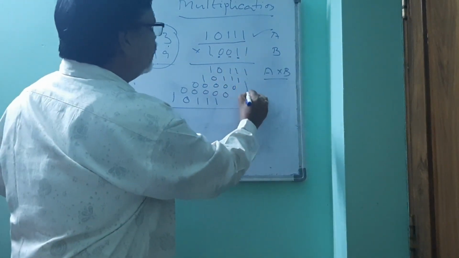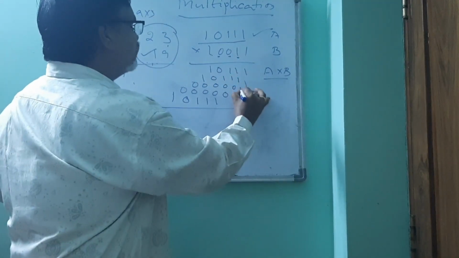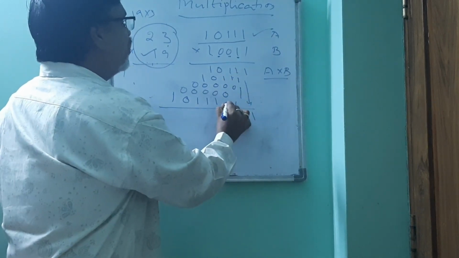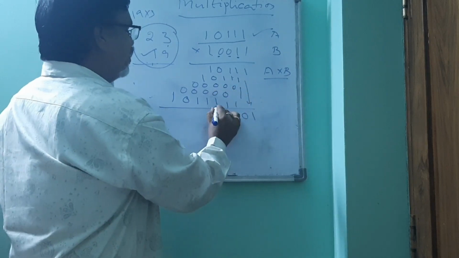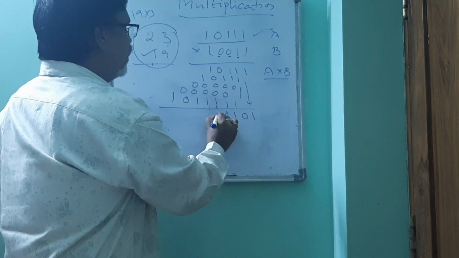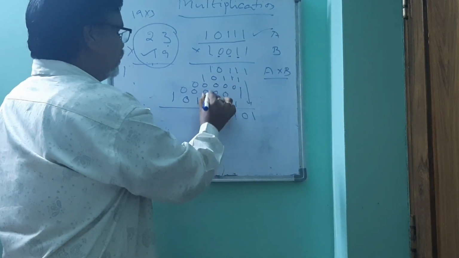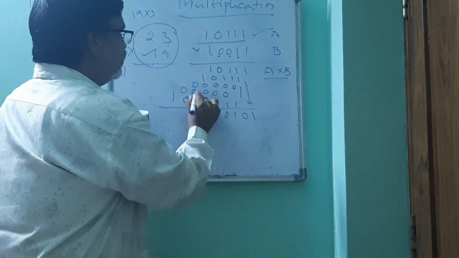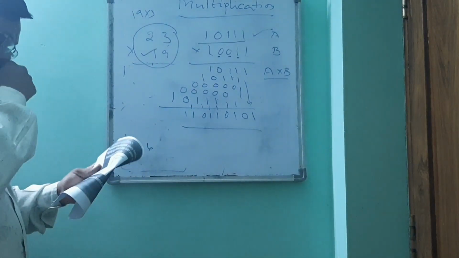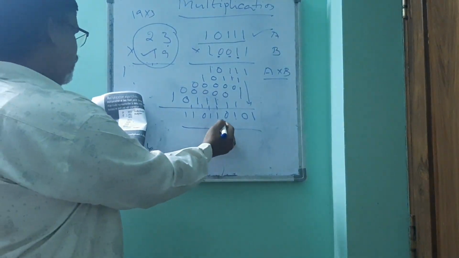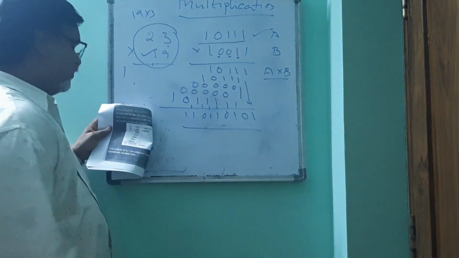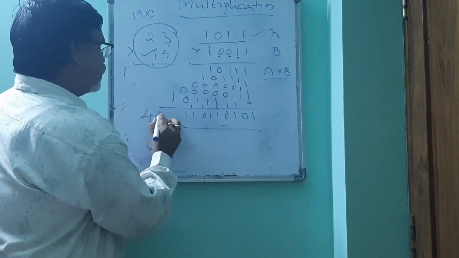The first 1 will come here as it is. Then 1 plus 1 is 10, 1 plus 1 is 10, plus 1 is 11, and so on, carrying through each column. The result is 110110101, which is equivalent to 437.